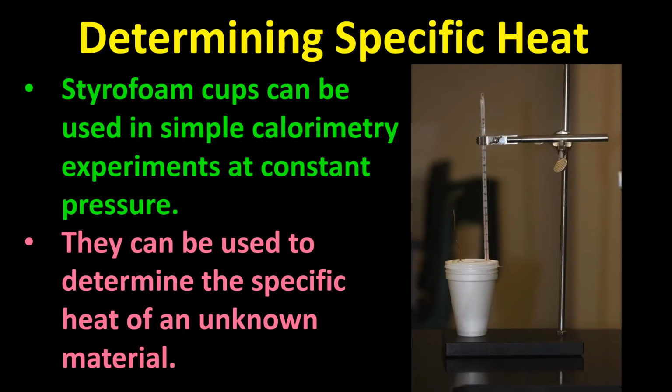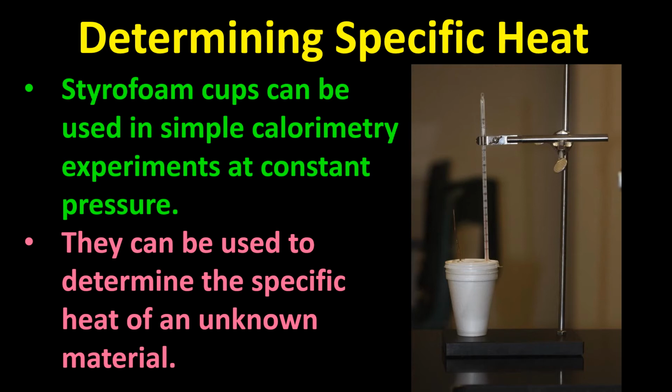So the specific heat of an unknown material can be determined using a calorimeter. The first slide had a picture of a bomb calorimeter. And the reason that it's called a bomb calorimeter is because the pressure inside remains inside. So the pressure can really increase or decrease inside there.